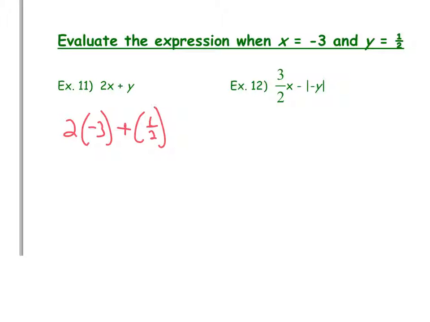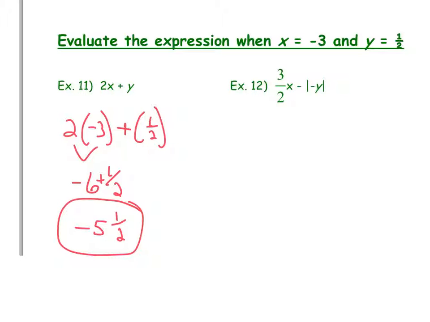You'll see why later, it does help us. All we're going to do is multiply here, do order of operations. You multiply first, get a -6 plus 1/2, so it's just -6 plus a positive 1/2. That would be a -5.5. So you would subtract and take the sign of the bigger number.